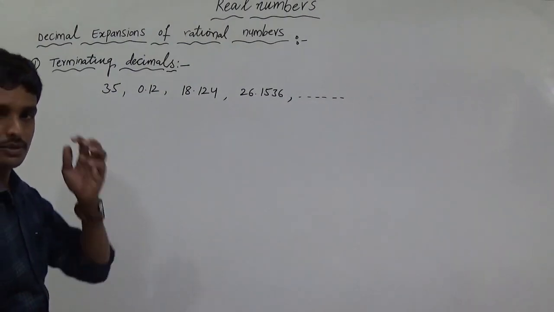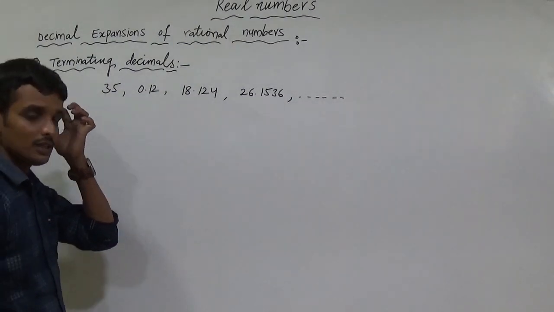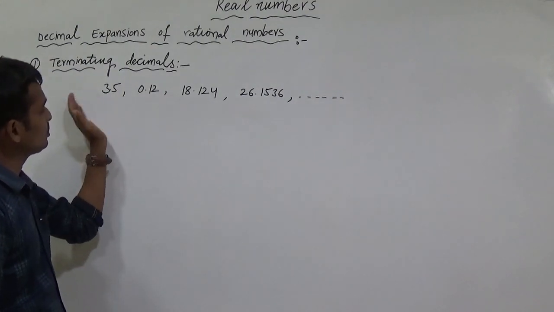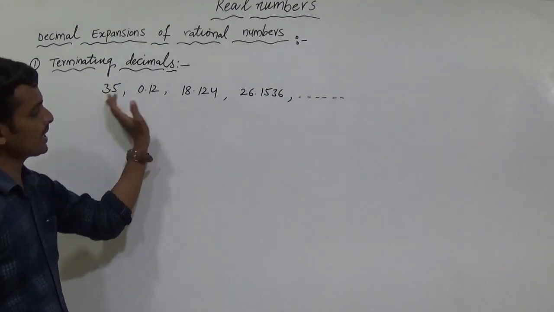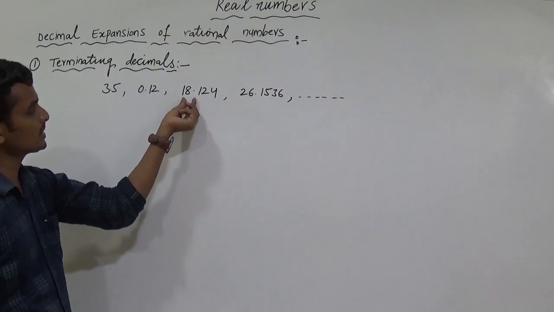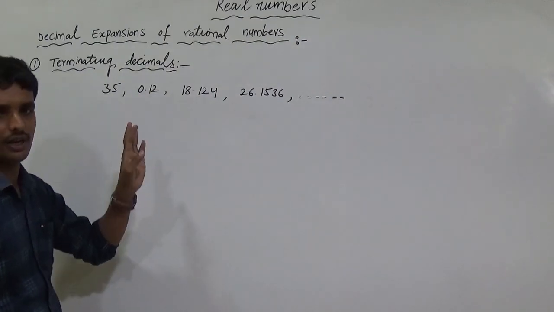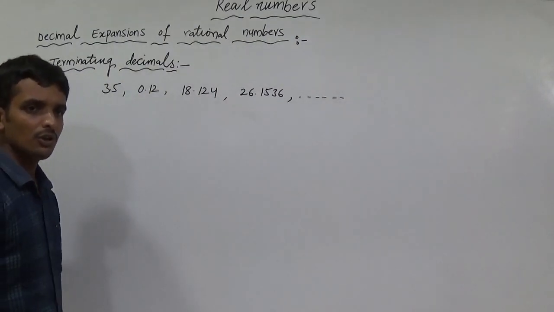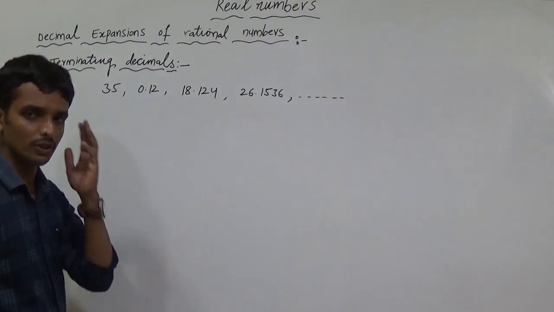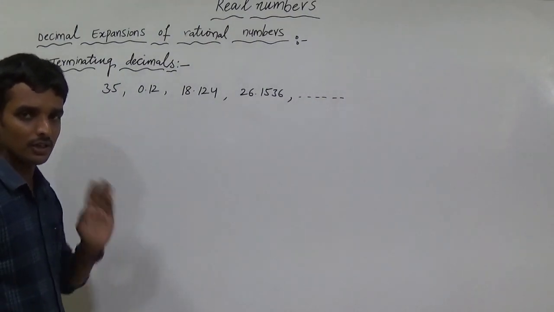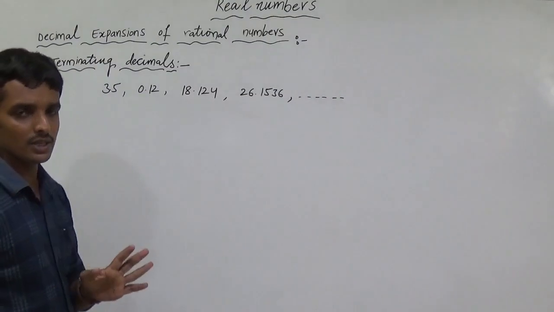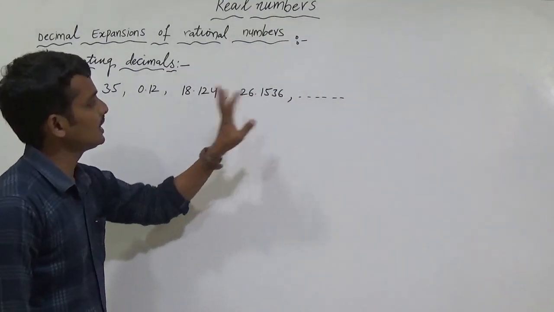If you observe the examples, we are focusing on the decimal part. Whatever is in the numerical part, 26, 18, 0, 3, you can leave. So we can focus on only the decimal expansions.